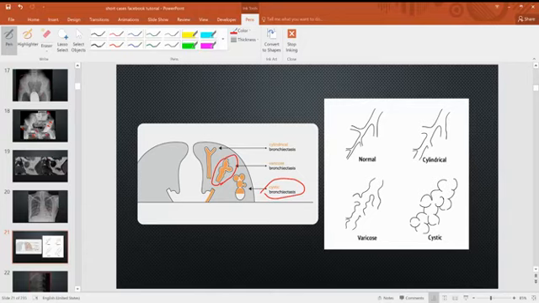Anyone remember that type? There is another type not written here in this sketch. Anyone remember that type?